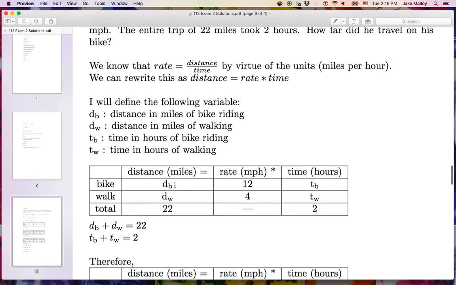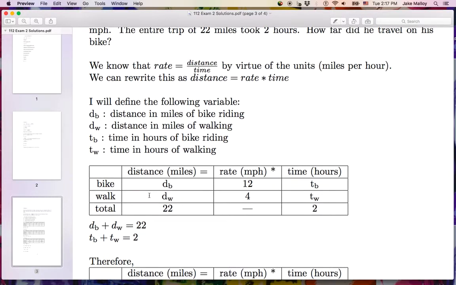But I am defining some variables. D sub b is the distance in miles of bike riding. A lot of students on this exam said x is the distance, but then treated it as a time. So you need to keep in mind what you're doing and try to be organized and not shortcut.